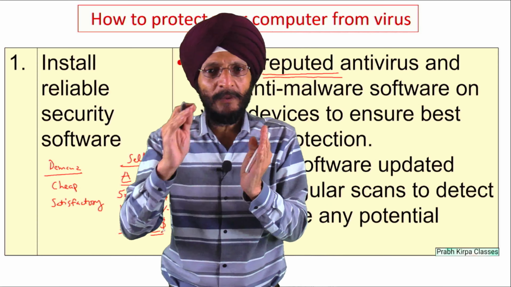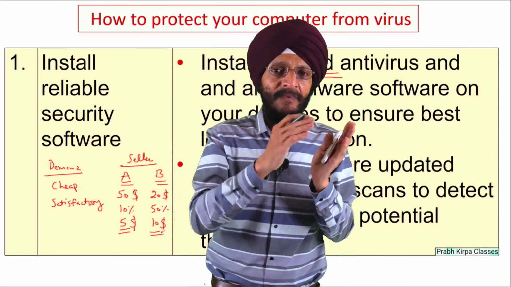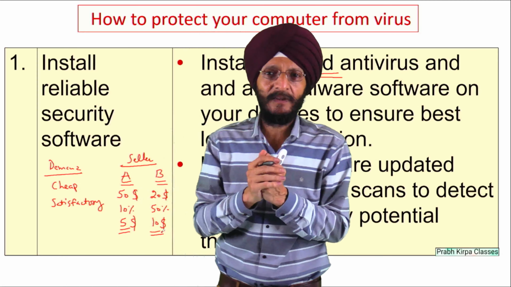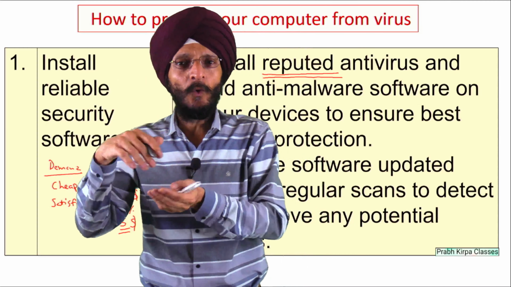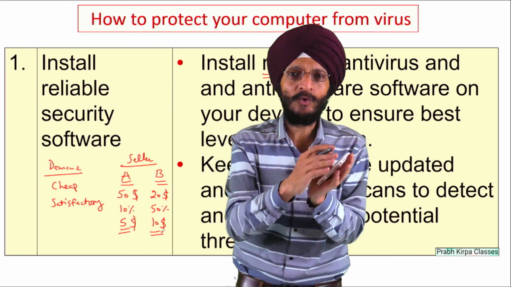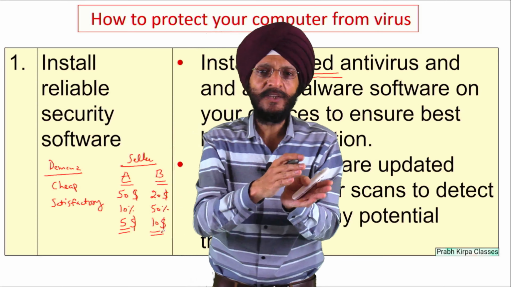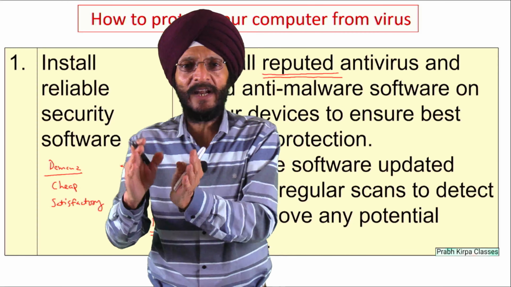Before going to the market, we can search online what type of antivirus or anti-malware is satisfactory. We can go through the reviews put by the users on the online sites. We can also consult our relatives or friends who are already using computers and have installed antivirus or anti-malware software on their devices.